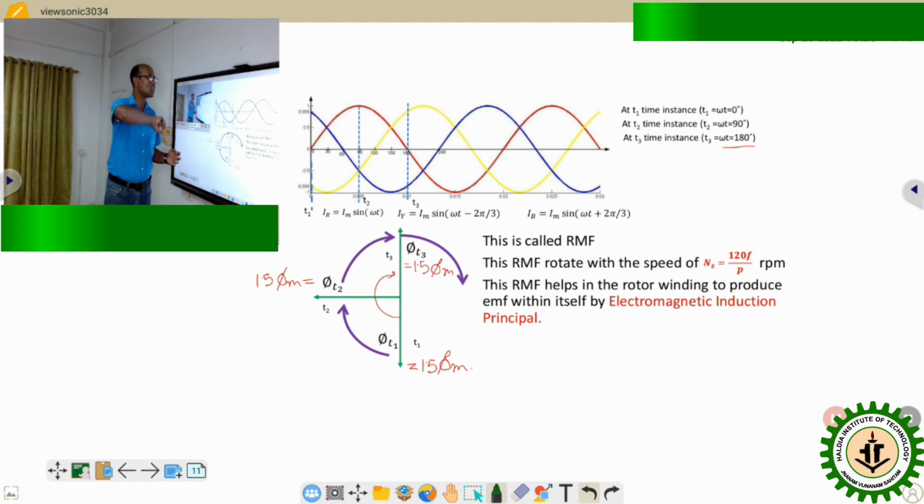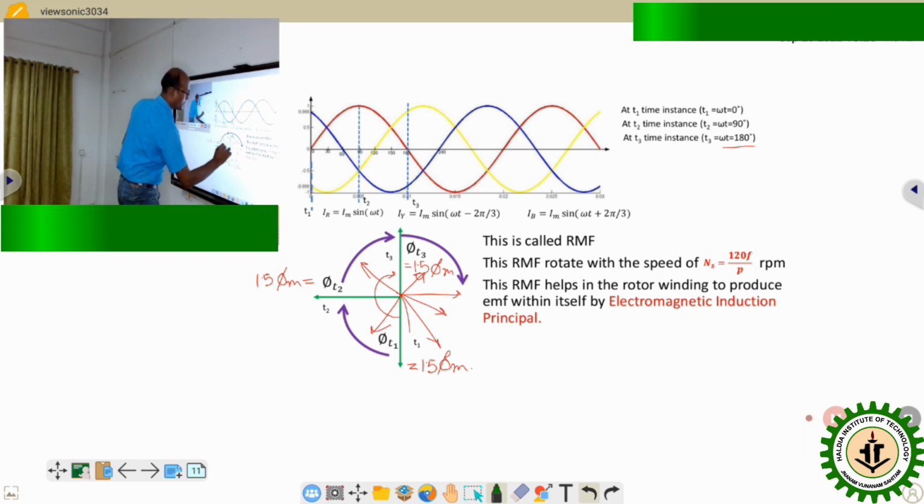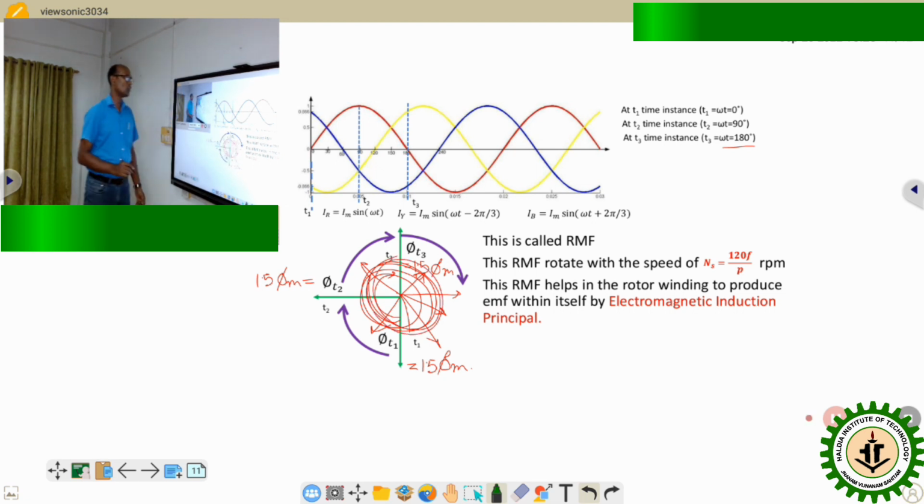So if we keep checking, at the next instance the direction of flux will be toward that direction, and at the next instance toward that. If we take continuous time instances, the nature will follow like this. The resultant flux is continuously rotating over continuous time.